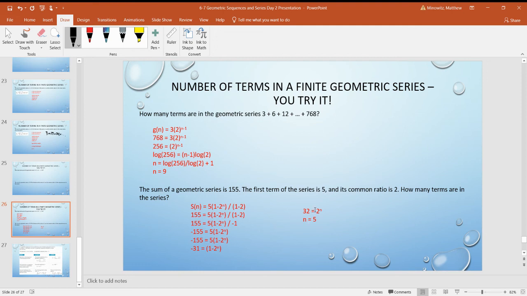And in the second case, I didn't even use logs. When I got to 32 equals 2 to the n, I know 2 to the fifth power is 32. You could take the log of both sides, but I'm not going to do that. If I can see an answer, I can look inside and just tell what n is. The algebra is for when we need a little extra help or if the numbers are stuff that we're not familiar with.